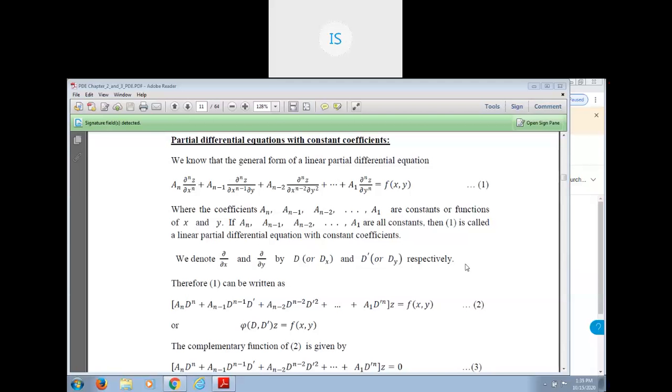Try to remember the difference between ordinary and partial differential equations. In an ordinary differential equation, we consider two variables, one independent and one dependent.